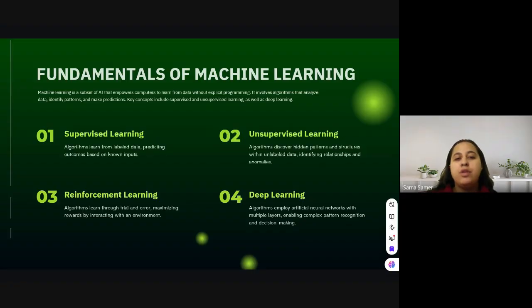We have the third type, which is reinforcement learning. Reinforcement learning is like trial and error. If the model does something right, we give it a reward, and it will continue as it is.